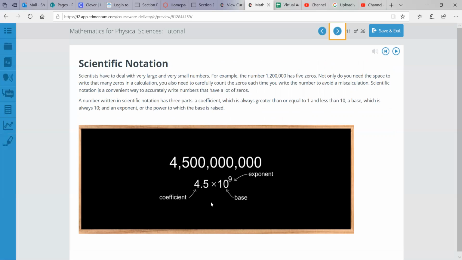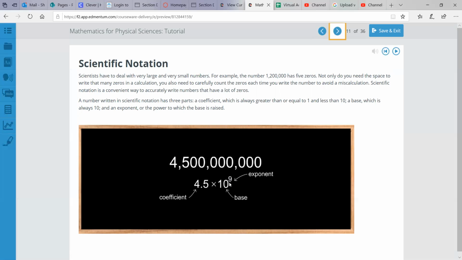And really it's made up of 3 parts. The coefficient, which is the first 2 digits usually, multiplied by a base of 10 to the exponent power. So in this example, you have 4.5 times 10 to the 9th.